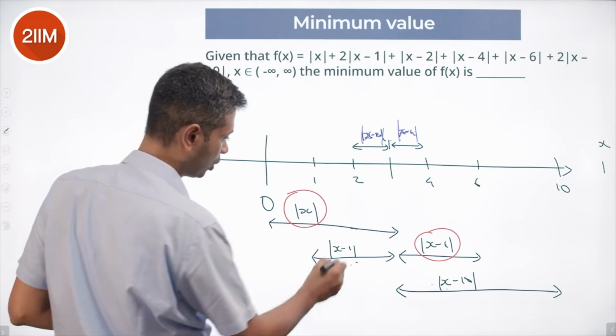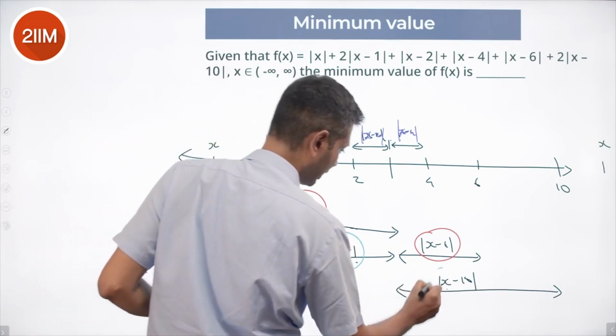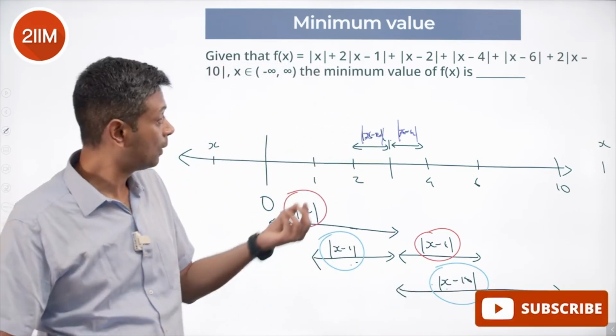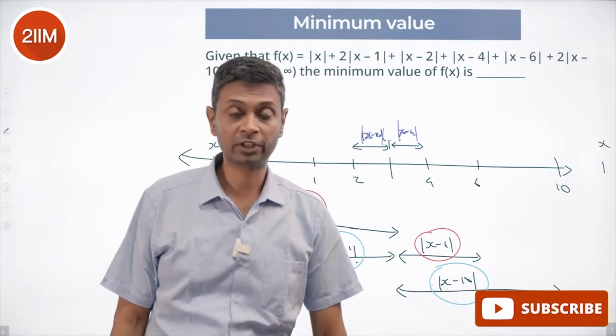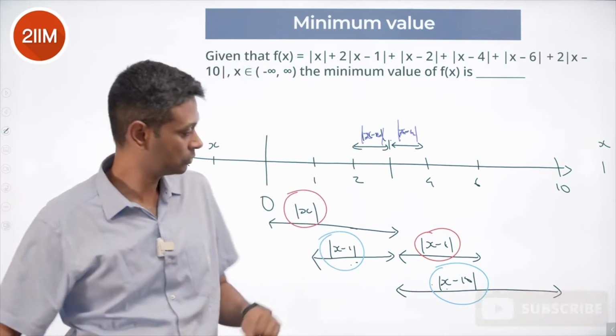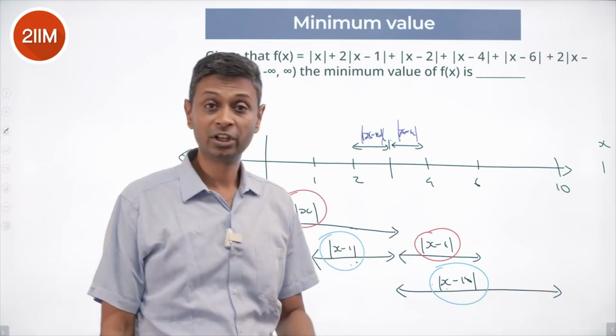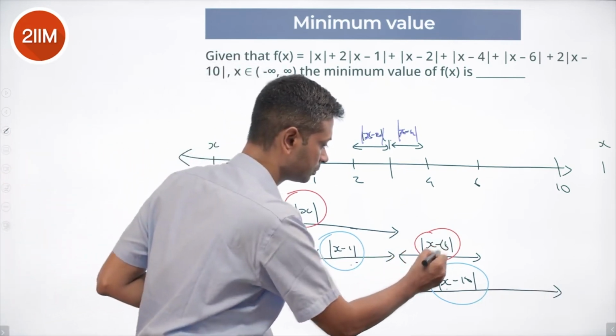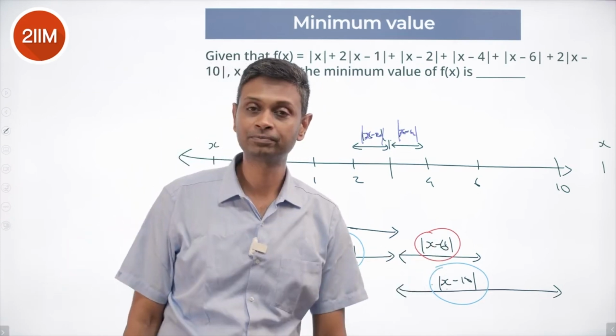And then we pair up modulus of x minus 1 and x minus 10. If you pair them up like this, modulus of x minus 2 plus modulus of x minus 4 is 2. This plus this is 6. This plus this is 9.